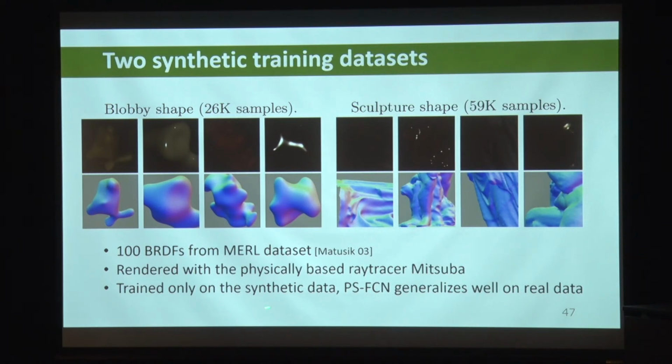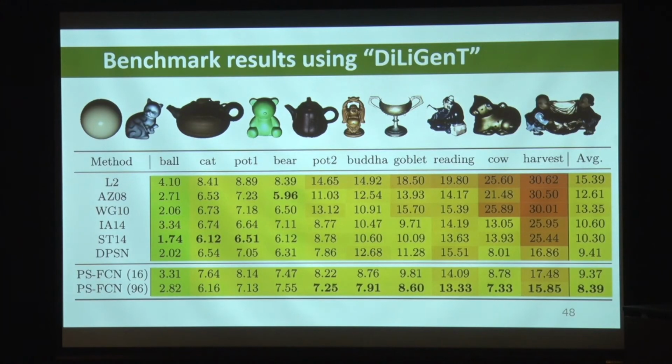It's trained on synthetic data, but the evaluation is on real data, which is again the DiLiGenT benchmark dataset. Here you will see the error becomes 8.39. It's a little bit lower than the ICML 18 paper, and it achieves the best performance on these objects, especially those with more complex reflectances.